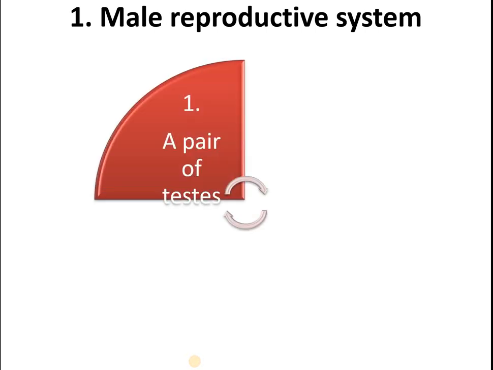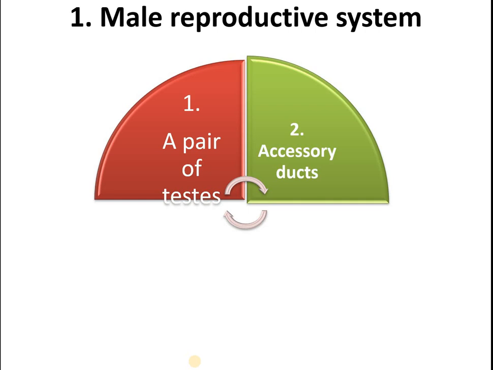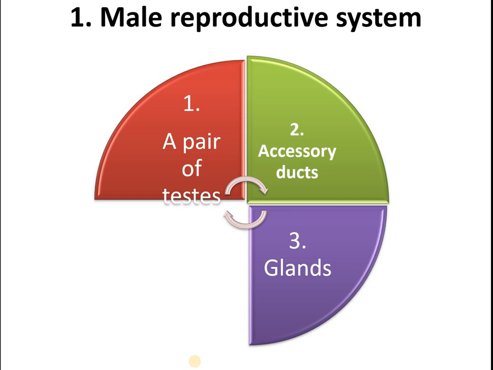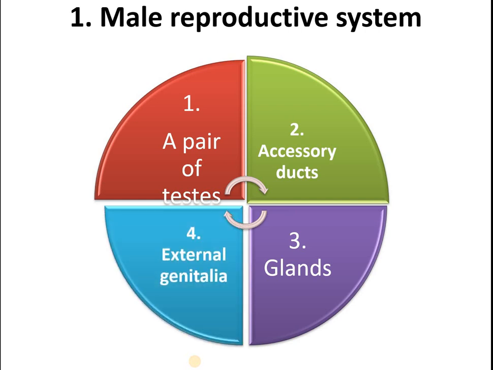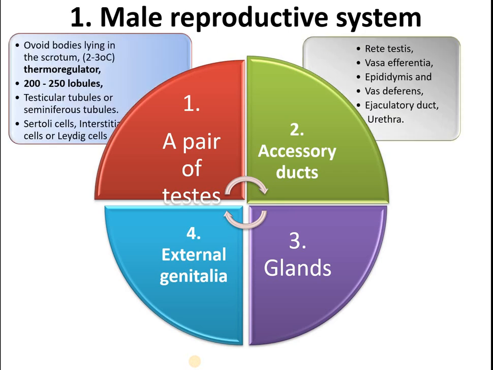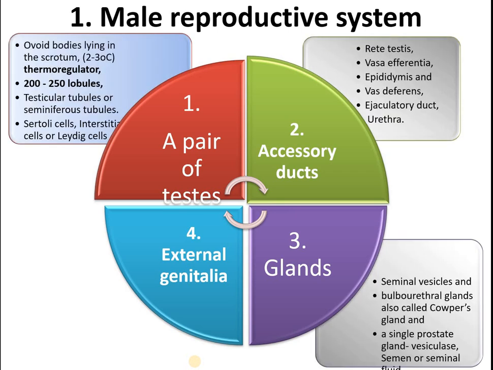Now we are going to see the male reproductive system. What are the parts of male reproductive system? First one, a pair of testes; second, accessory ducts; third, glands; and fourth one, external genitalia. Students, now we see one by one in detail in the further slides.